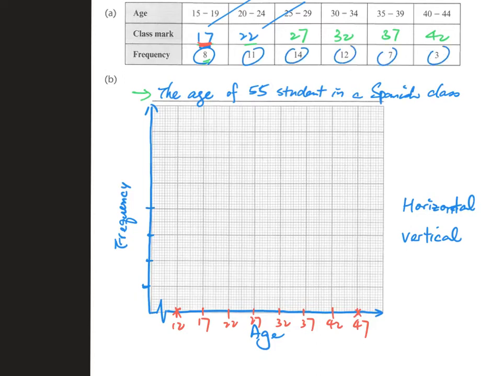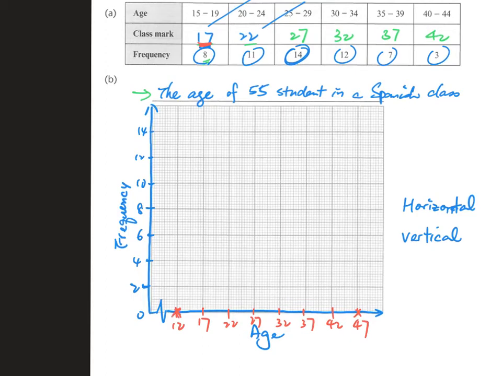So it may be good to choose 2 for each grid, like 10 grids. So now you have 2, 4, 6, 8, 10, 12, 14. That's good. I just need 14 for my answer. So now we can put the red crosses.